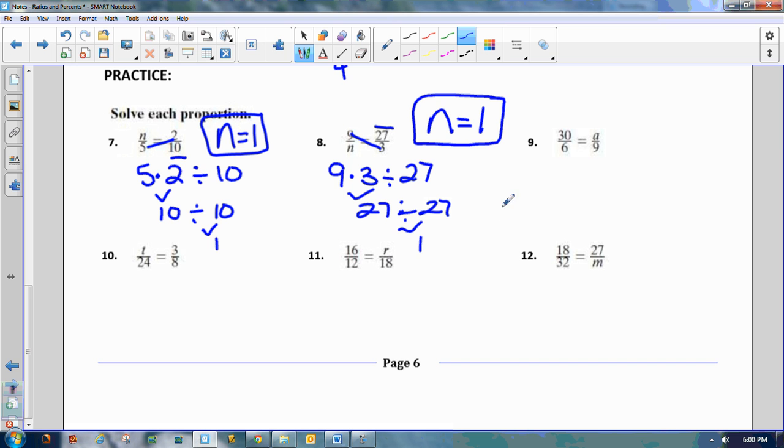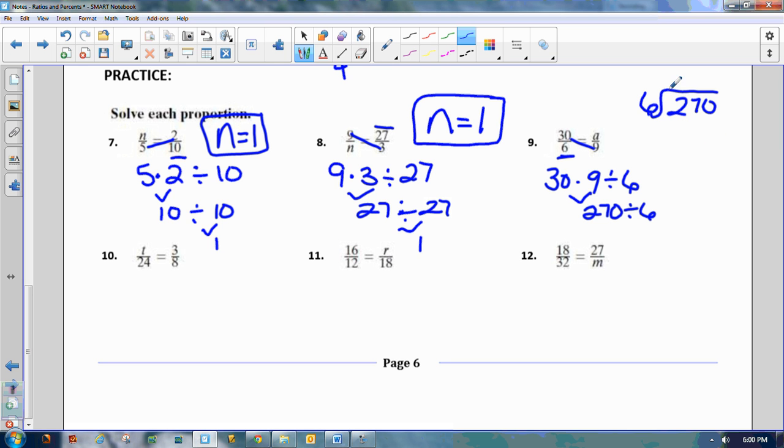Looking at number 9, 30 times 9 may be a big number, but we can still do that. 30 times 9. And then we're going to divide by what's opposite the variable. So we're going to divide by 6. Well, 30 times 9 is 270 divided by 6. Now, if you can't do this in your head, you do have the use of your calculators. I do not have mine right now, so you can always do it the old-fashioned way.